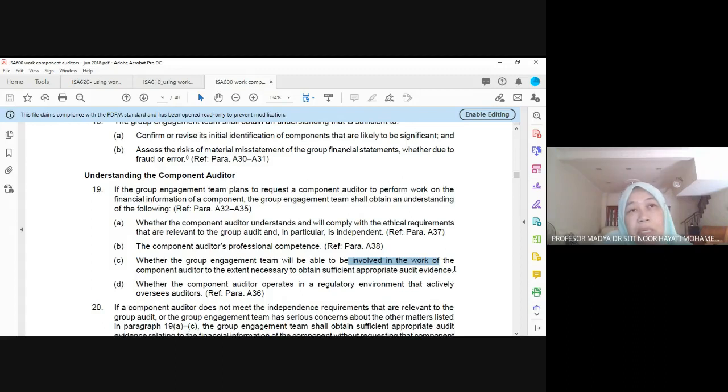And that component auditor, which is from the component company, so we say that the component company is going to be material. Remember component materiality. And also the group auditor is going to determine whether the component auditor operates in a regulatory environment, meaning that they observe the rules and regulations.